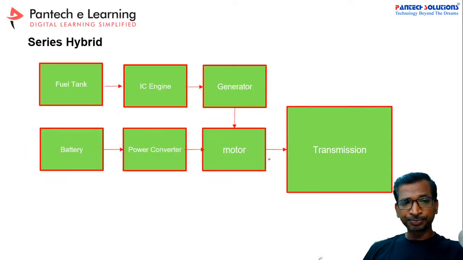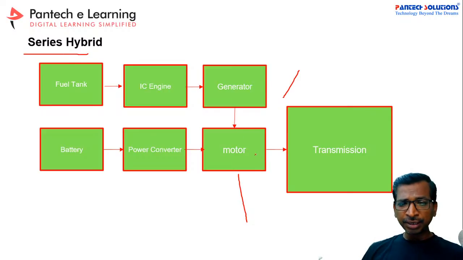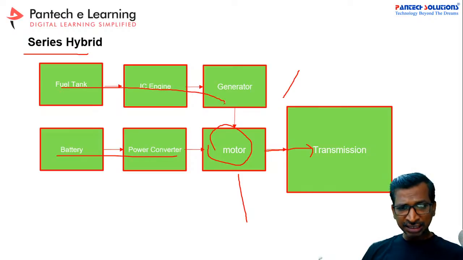Now how can this work? Generally in the hybrid vehicle, there are two mechanisms: one is the IC engine mechanism and the other is the hybrid electric vehicle mechanism. In the series hybrid, ultimately the electric motor alone gives the transmission power, but this motor gets power from the battery source as well as the IC engine source. The IC engine power is transferred to the electric side, and only after that is it applied to the transmission side.